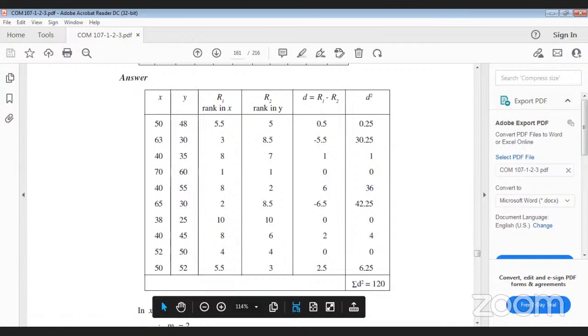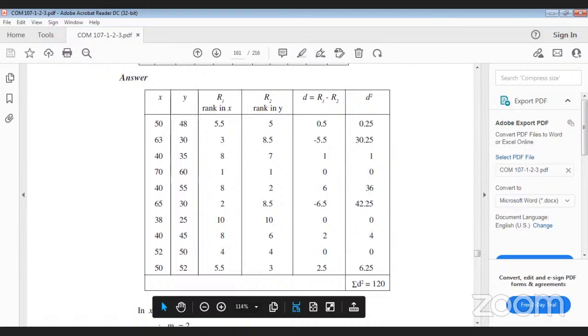Square of minus 6.5 is 42.25. Square of 0, 0. Square of 2, 4. Square of 0, 0. Square of 2.5 is 6.25 here. Now the total of this last column, summation d square, is equal to 120 here.